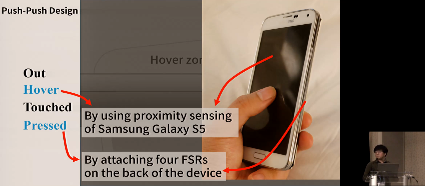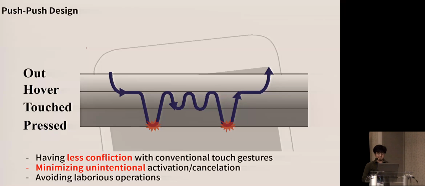So using these modalities can be a practical solution for designing new touch operations. By using these four input states, many design options can exist, and the details of them were discussed in the paper, but I will not explain them in the presentation.